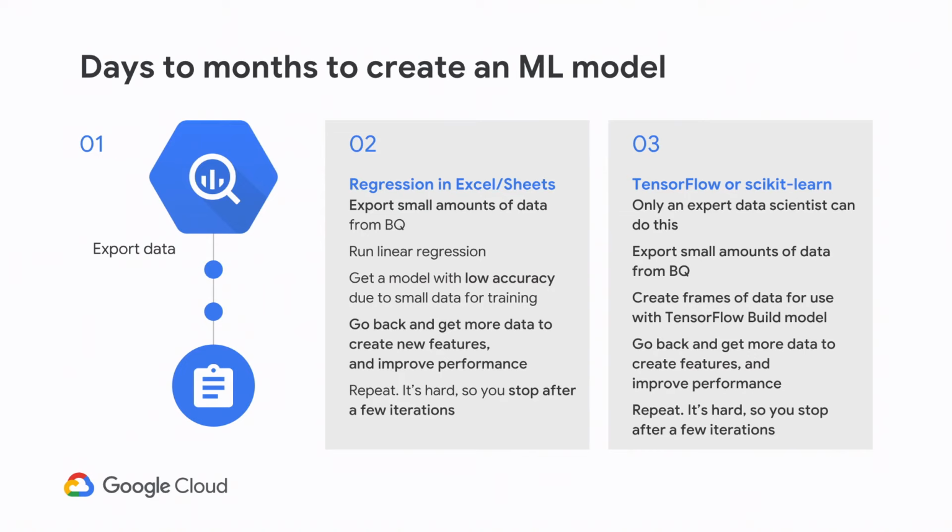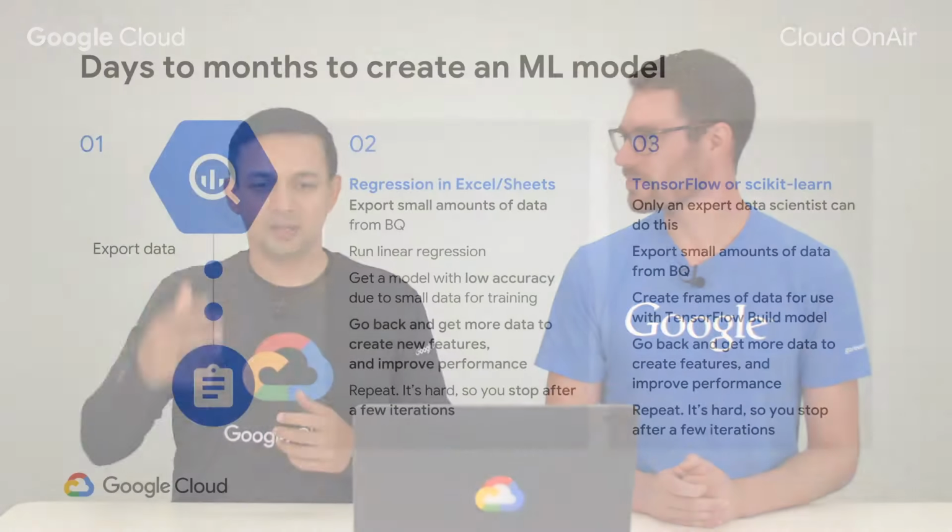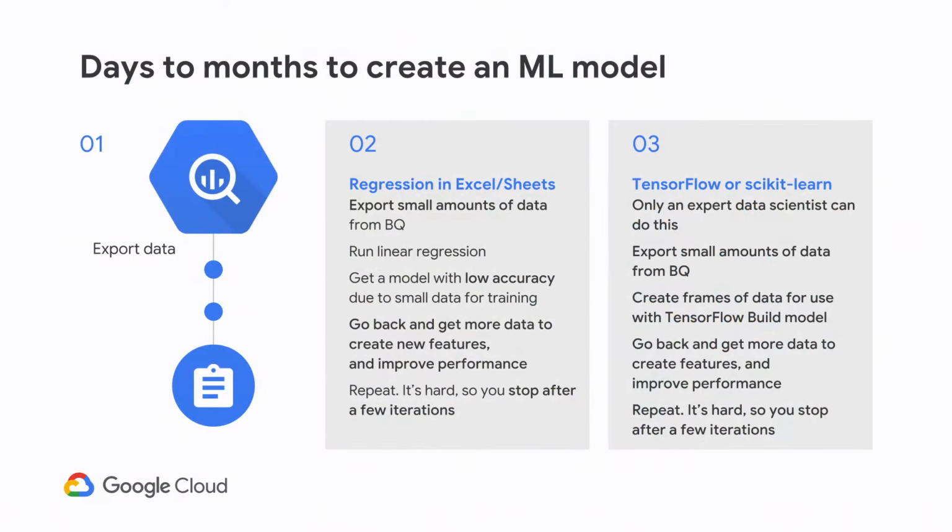You have an idea to improve the model. You go back, export more data, and do it all over again. If you happen to be a data scientist, you can take your favorite Python framework and convert the data into frames that framework takes, build your model. To improve, you go back and get more data. So that's the process that you follow, and it takes hours and days for each iteration, just because of the backend work that's needed.